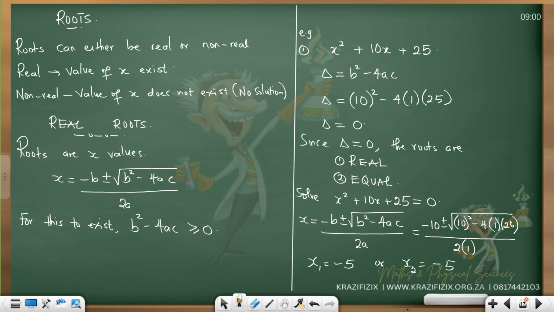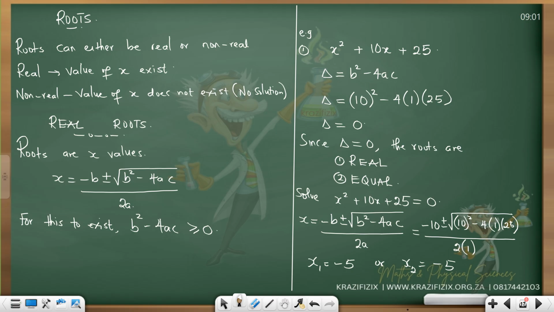Please talk to me if this makes sense to you. So you can see we predicted it already. If delta is equal to 0, my answers would be real. That is, they exist. And number two, x1 would be equal to x2. Real roots. So this is the first one we're looking at.